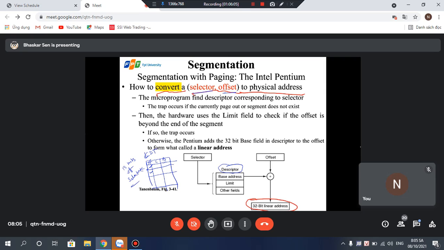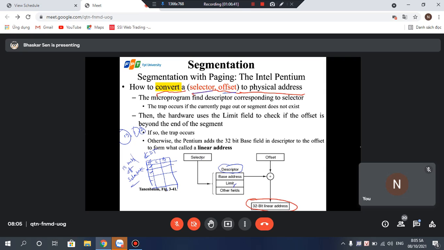Remember, selector is a 16-bit number: 13, 1, 2. 1 bit for GDT or LDT, 2 for protection, and the 13 bits will point at the segment number, the entry number, which will be used as an index into this LDT or GDT. So we get the limit value. So by using the selector, we can find out which particular segment we are dealing with.